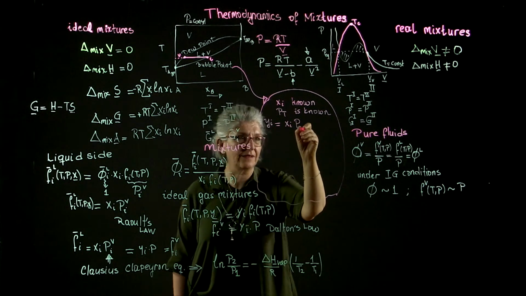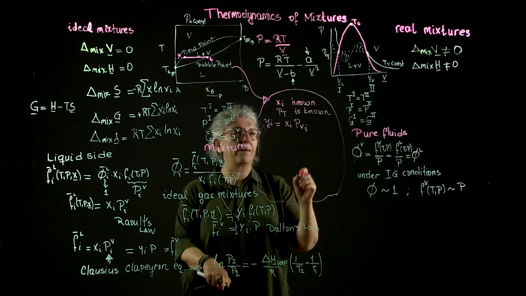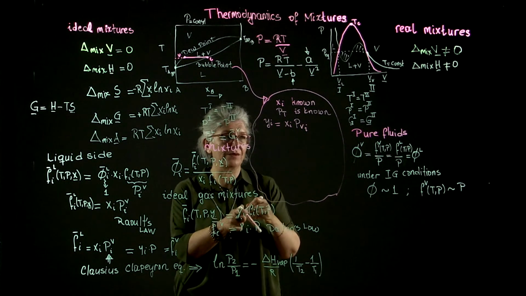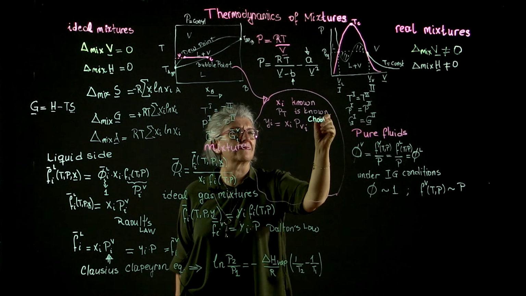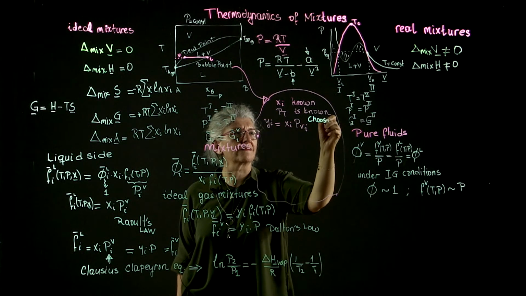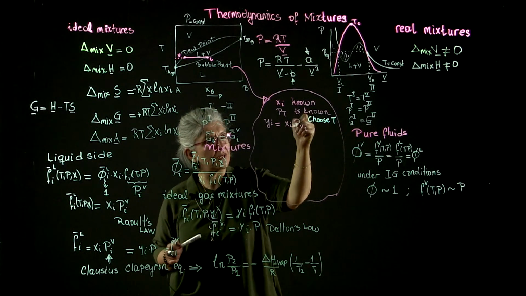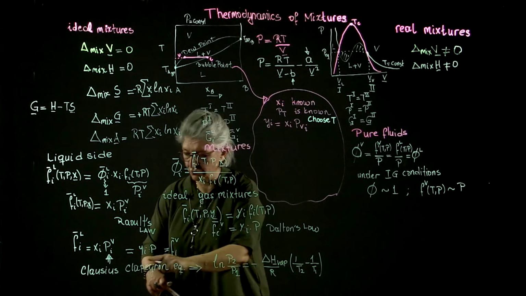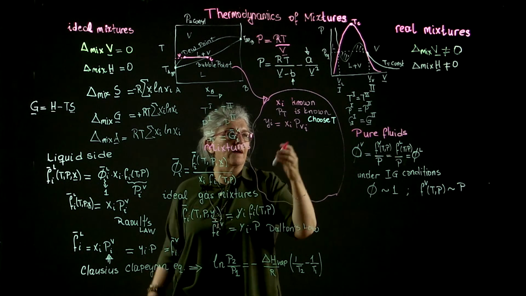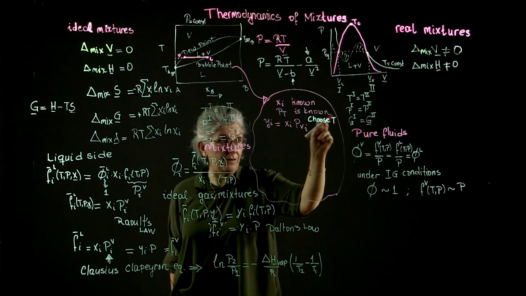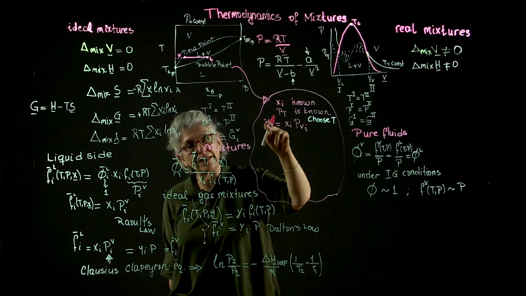I can calculate the vapor pressures by choosing a temperature. When I choose a temperature, I know the vapor pressure through the Clausius-Clapeyron equation. Given the temperature, I know the pressure, I know the mole fraction, so I can calculate Yi.